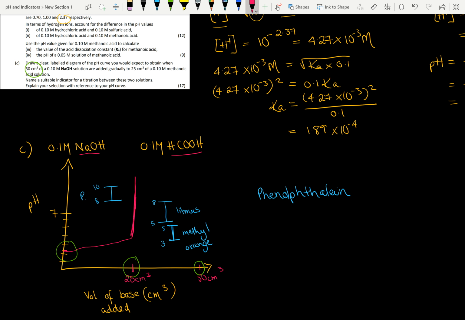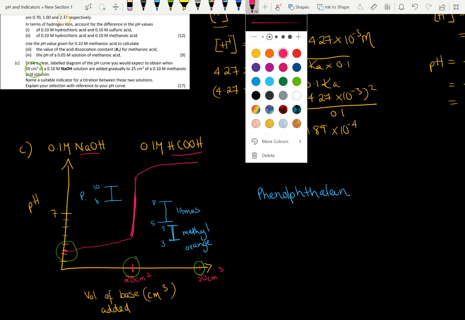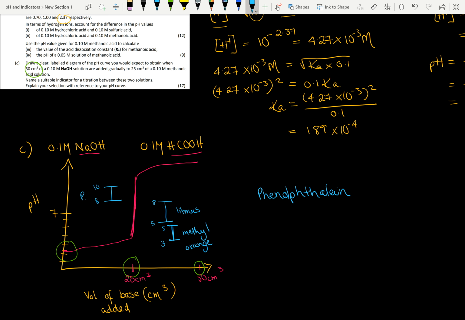So for this titration, we would need phenolphthalein because its range is 8 to 10 and its color change coincides with the steep part of the graph.